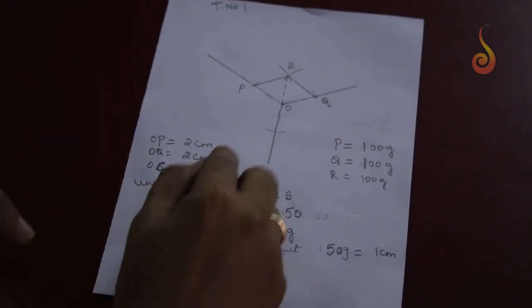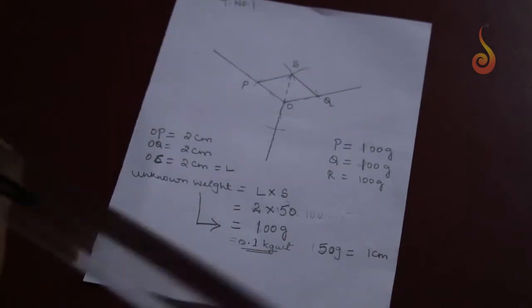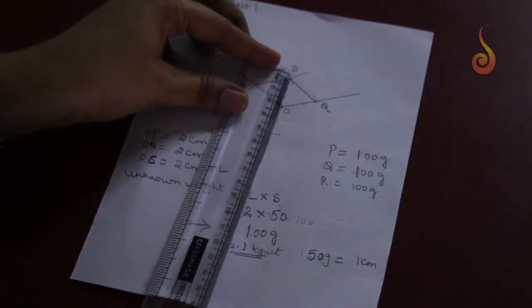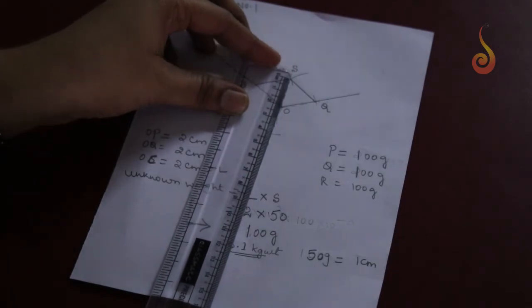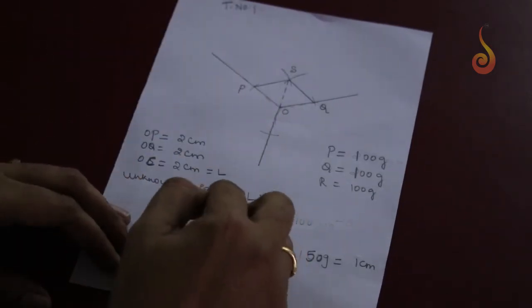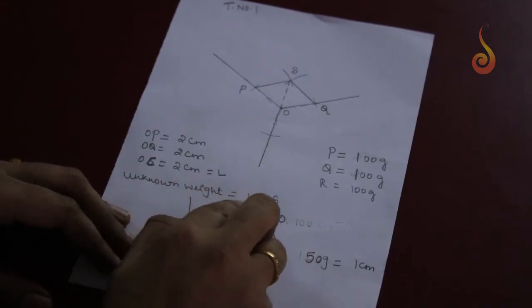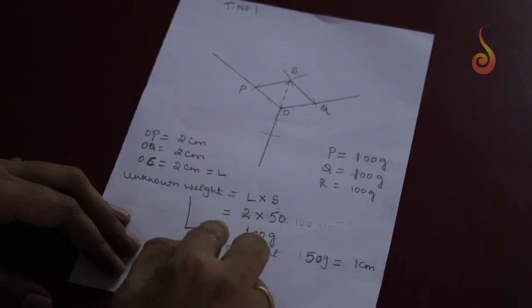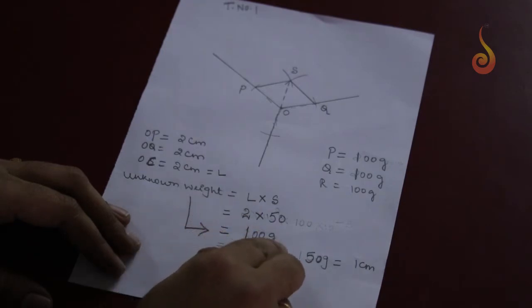Then the unknown weight we need to find out. That's why I'm going to measure this length OS, that is the diagonal of the parallelogram. So unknown weight is equal to L into S, that is 2 into 50 grams, that is equal to 100 grams or 0.1 kg weight.